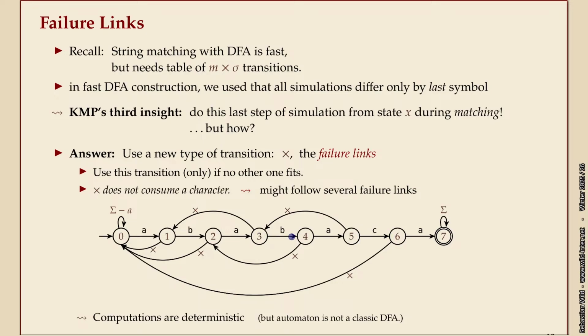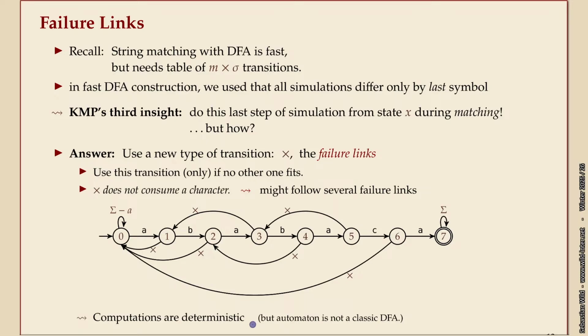But maybe it's a B that you can read from here now. It could also happen that it's an A, so you can neither follow the C nor the B. Then you have to follow another failure link and another until you can finally read this. Because these failure links don't consume characters, it might mean that we have to follow several of them before we make progress in the text.